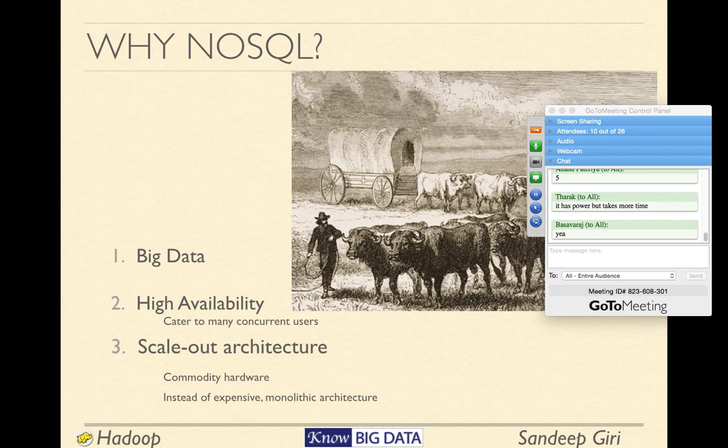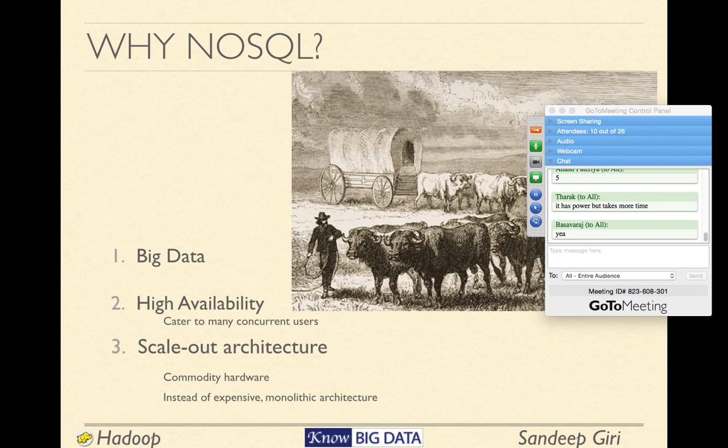What is most important in understanding NoSQL is that these new kinds of databases have been designed bottom up. First, for handling or storing big data. Second, giving brilliant availability, meaning if a few machines are down, the system keeps running and the users do not go unattended.